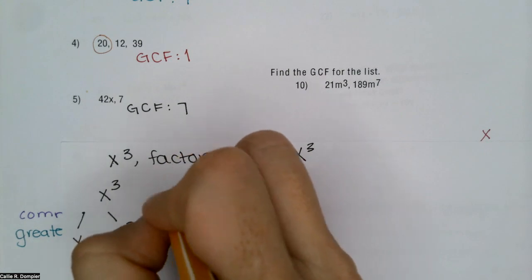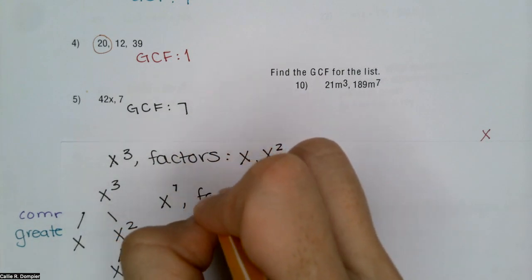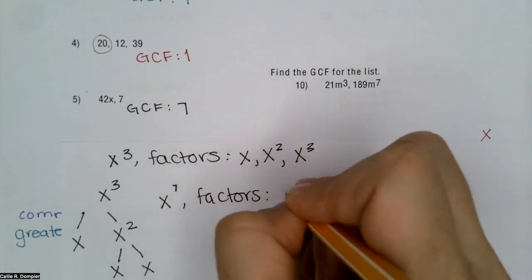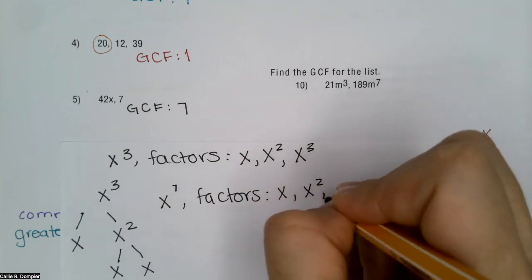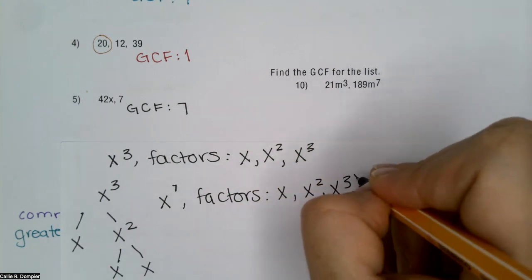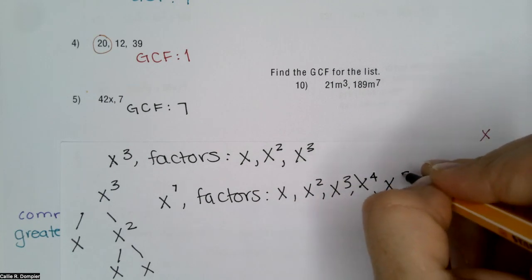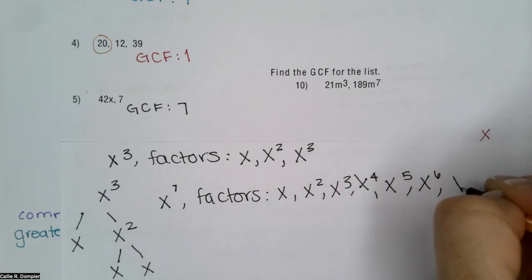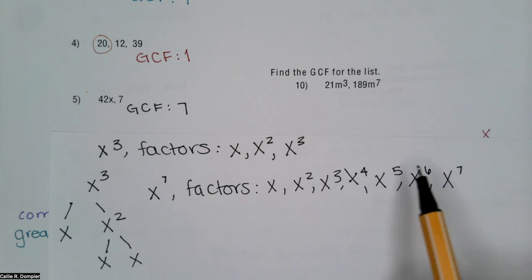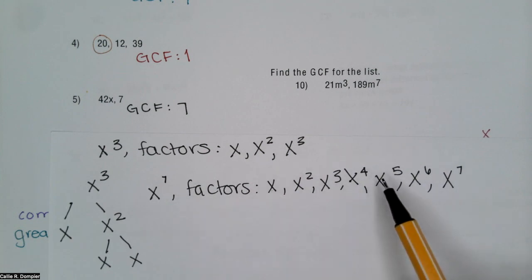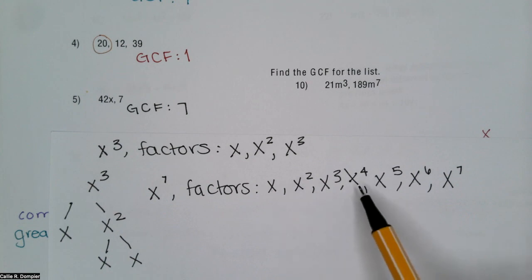And then for x to the 7th, the factors are x squared, x to the 3rd, x to the 4th, x to the 5th, x to the 6th, and x to the 7th, right? Because x to the 7th times 1 is x to the 7th, x to the 6th times x is x to the 7th, x to the 5th times x squared is x to the 7th, x to the 4th times x cubed is x to the 7th.